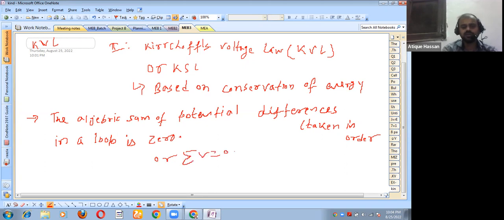And in the first case, sigma I was 0. The sum of currents meeting at a point is 0. That is why it is named Kirchhoff current law. And here we are discussing voltage. That is why it is known as Kirchhoff voltage law. So we will understand it first through an example, then we will do questions.